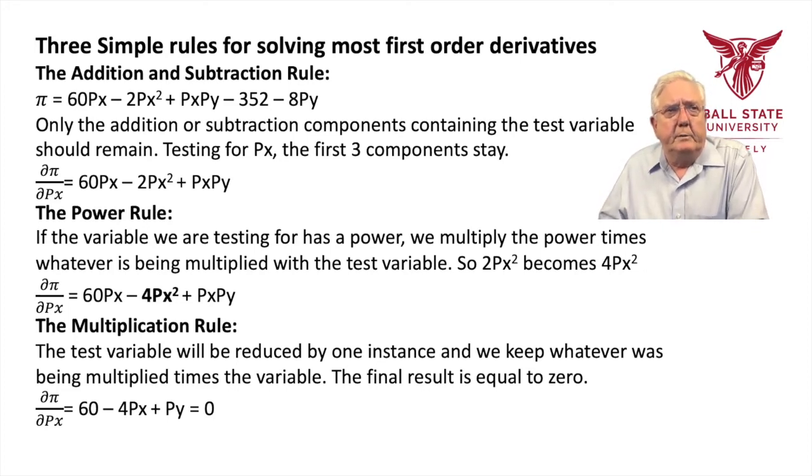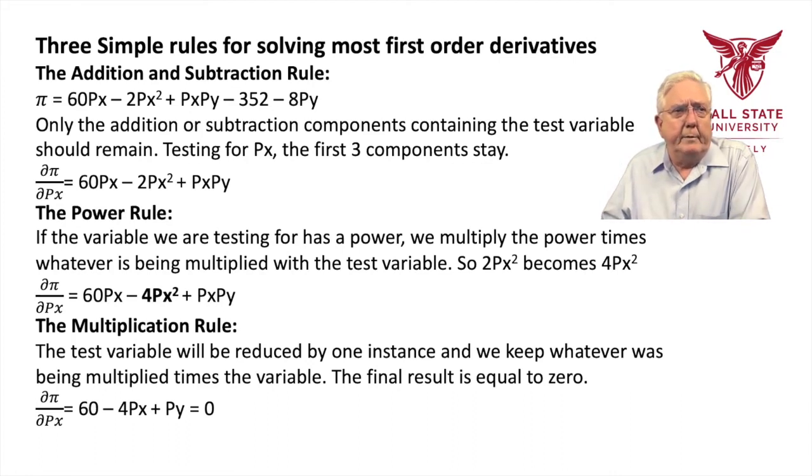Yes, there is. We have PX squared. So we take whatever this is, it could be a 2, a 3, a 4, whatever, and we multiply that number times whatever is being multiplied times the PX squared. So the 2 becomes a 4. And then the multiplication rule, we test to see what's left, and we remove one of the PX levels from each of them.